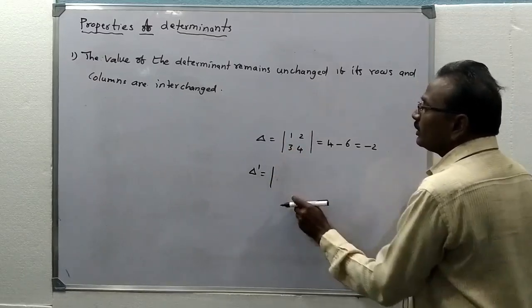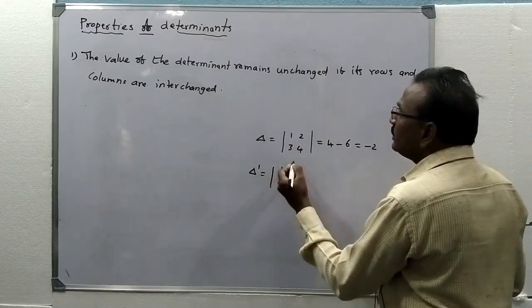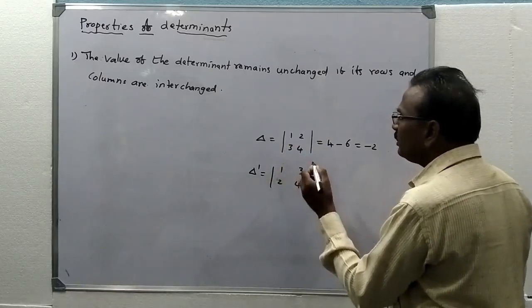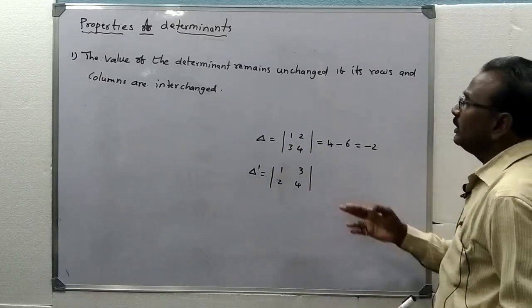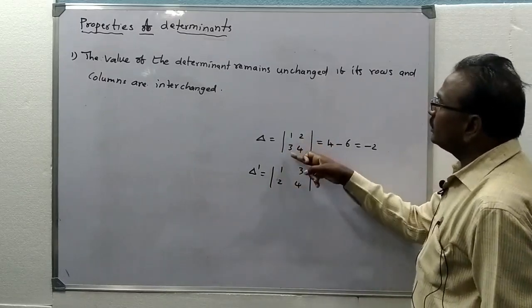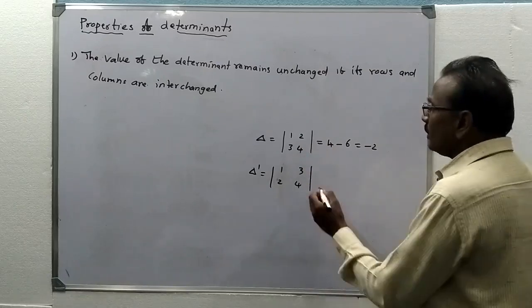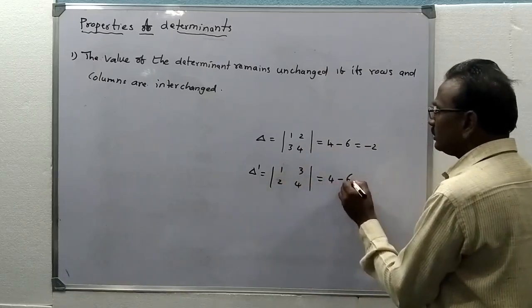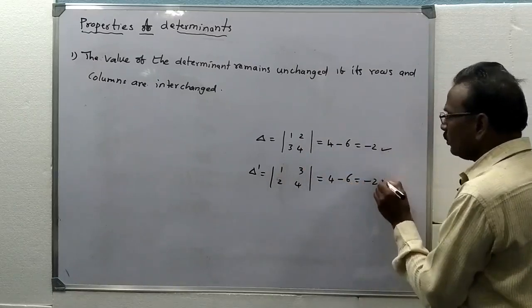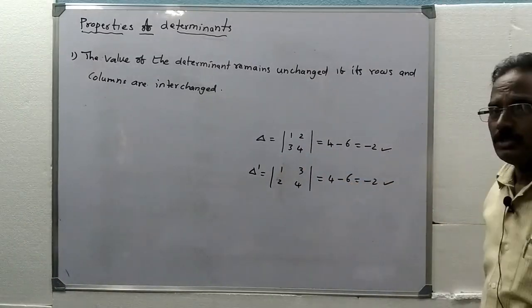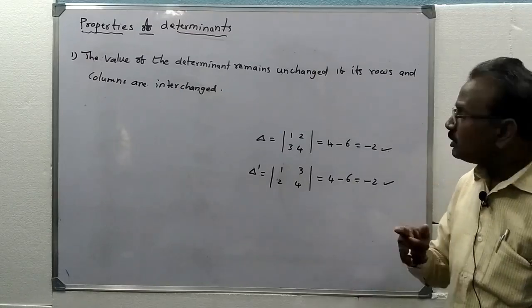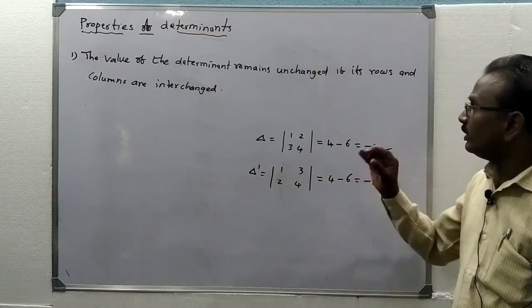So what is the determinant? 1 into 4 is 4 minus 2 into 3 is 6, the value is minus 2. So in both cases the value does not change. When we interchange rows and columns, the value of the determinant remains unchanged.